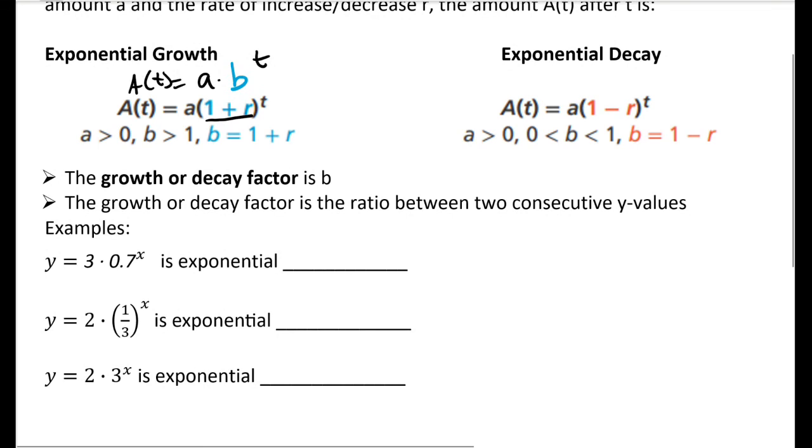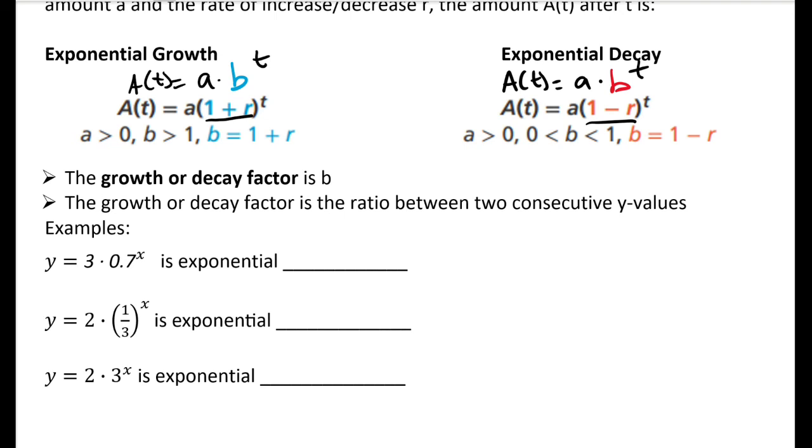All right, and same thing here. A of t equals a times, this time I'll make this a red b to the t, so that we can compare it to the red 1 minus r. Basically, exponential growth is 1 plus the rate, and if it's decay, it's 1 minus a rate, which kind of makes sense.